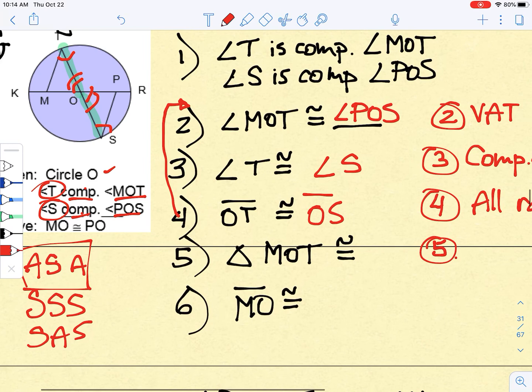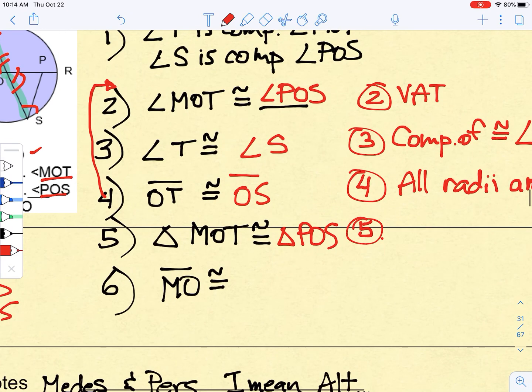Now we know that those two triangles are congruent because we have an angle, a side, and an angle. So I'm going to now name that other triangle MOT, POS. Got to name it correctly. And we have the angle, side, angle postulate.